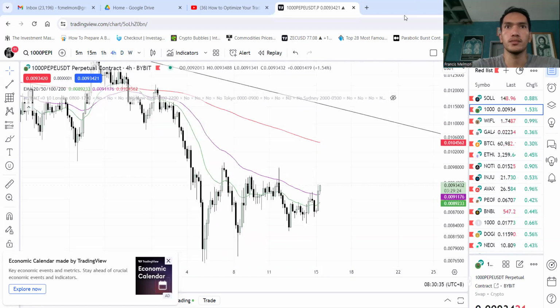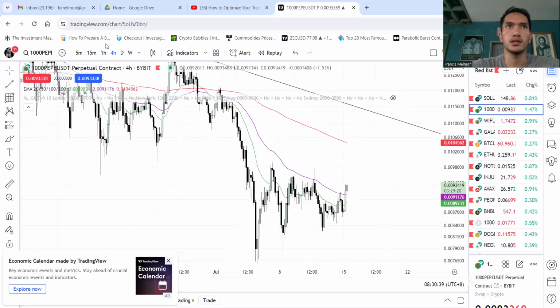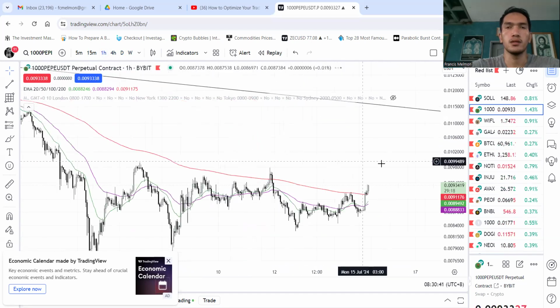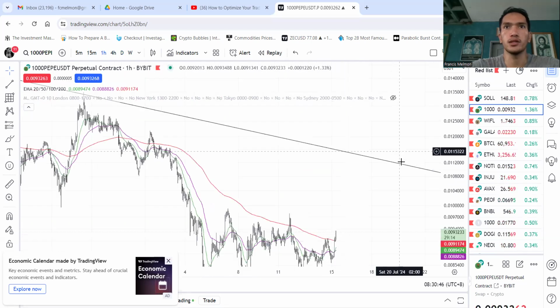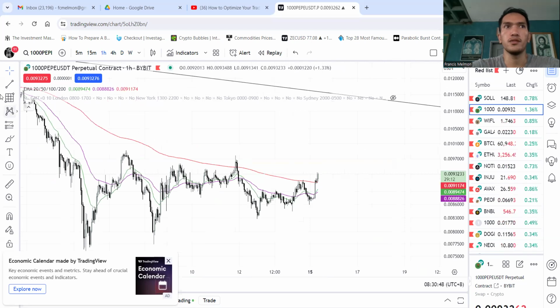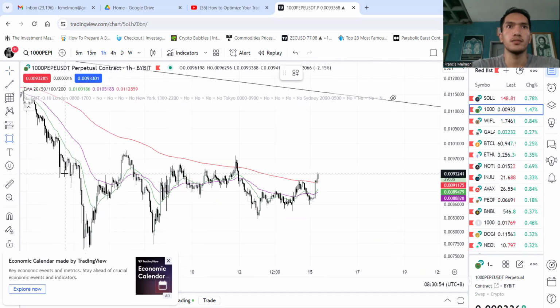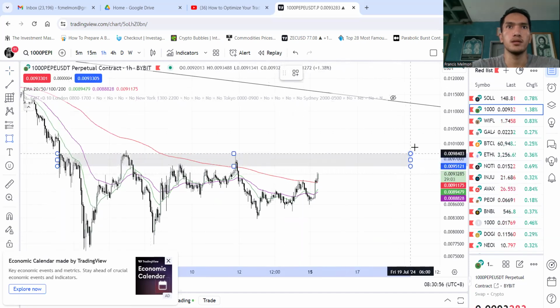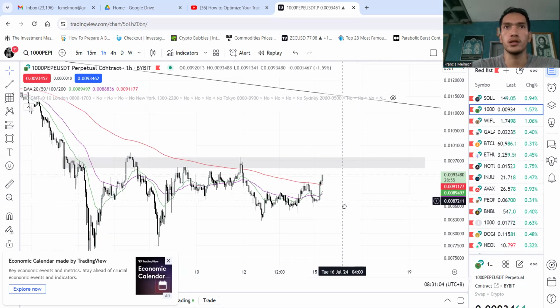If that's the case, and we are going to retest this area, maybe we could have some opportunity upon breaking this and retest to the 1 hour EMA 200.